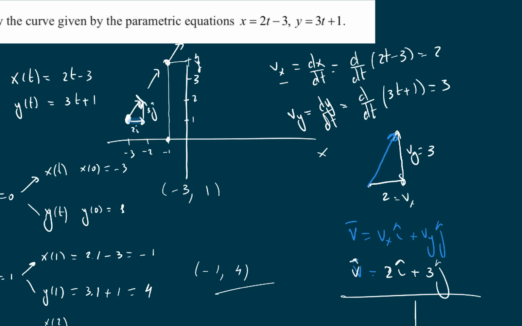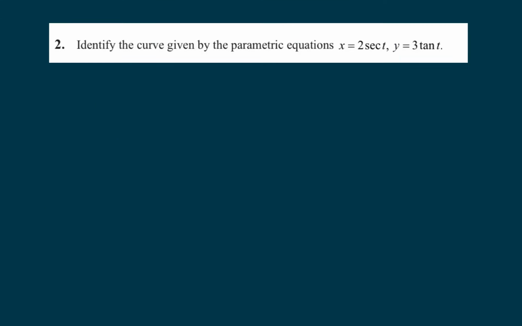Let's go to the next problem. The next problem says find the parametric equation of x equals 2 secant t and y equals 3 tangent t. How is the object moving?